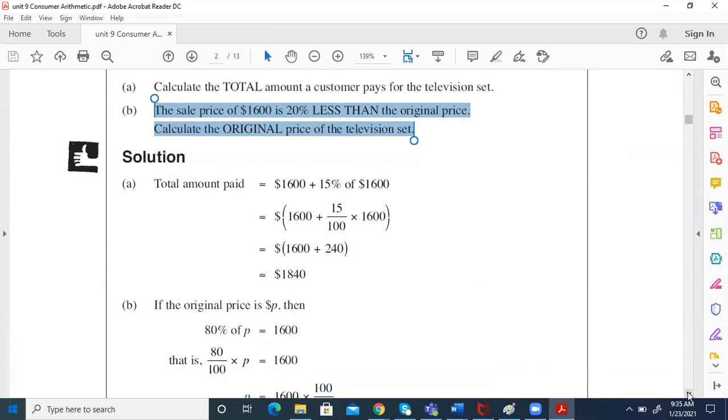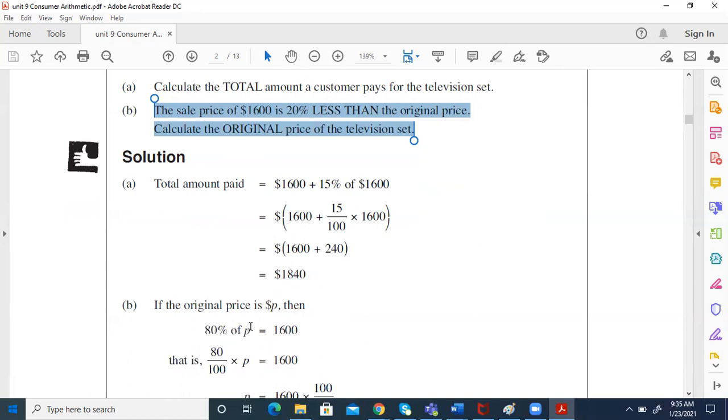So if the original price is P dollars, you may see people use different variables, X dollars, it doesn't really matter. In this case, I guess they use P for price. Then 80% of P equals 1,600.